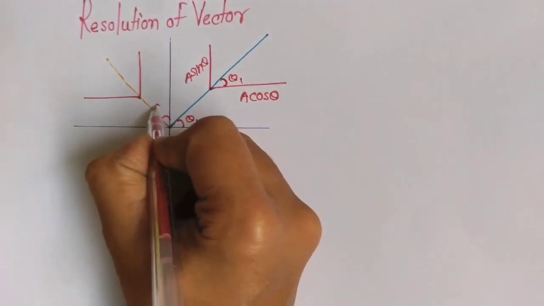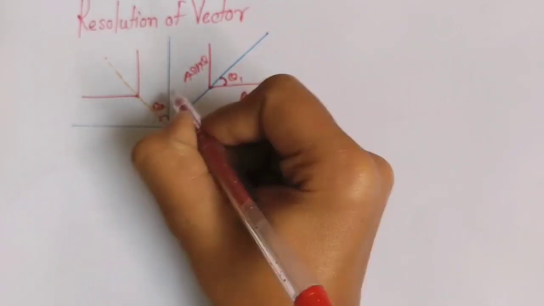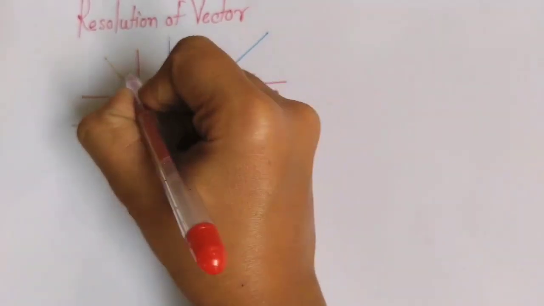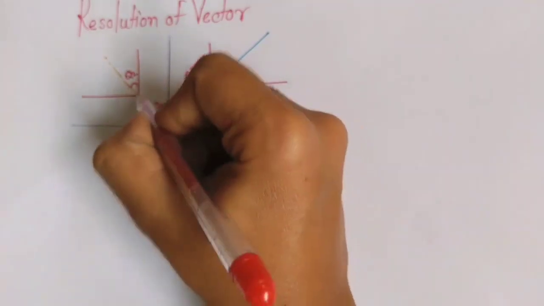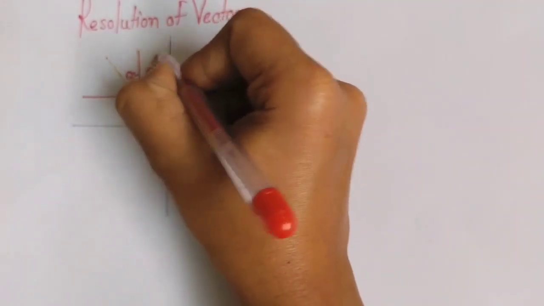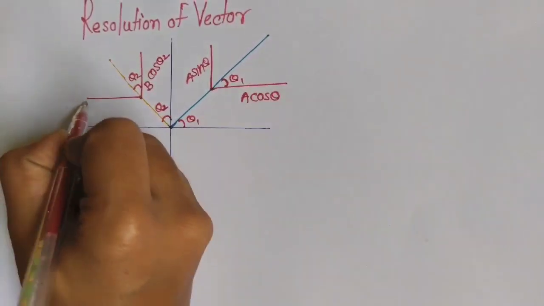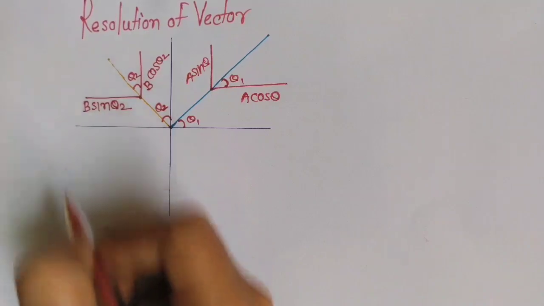It makes angle theta 2 in quadrant number 2. Similarly, we take the angle on either side. The adjacent side component is the cos theta component, so b cos theta 2, and the remaining is b sin theta 2.